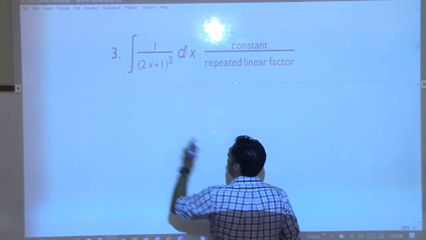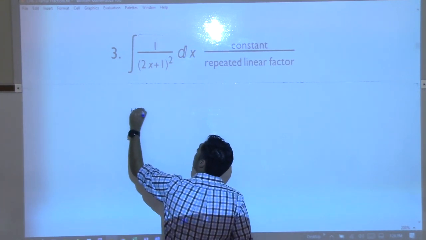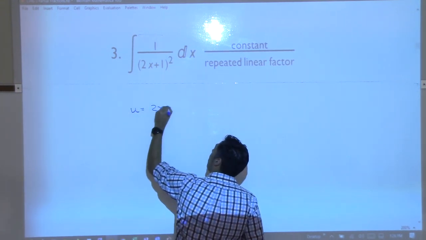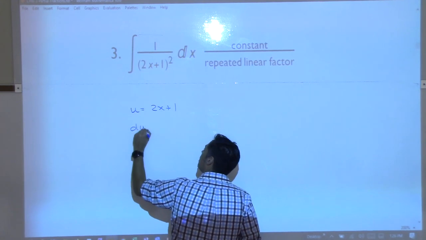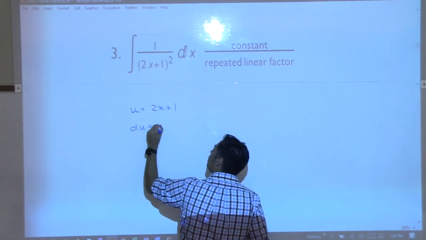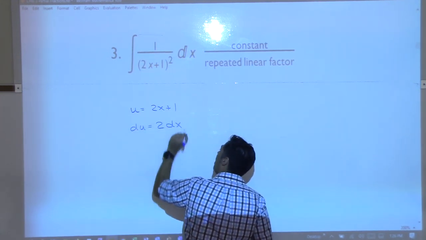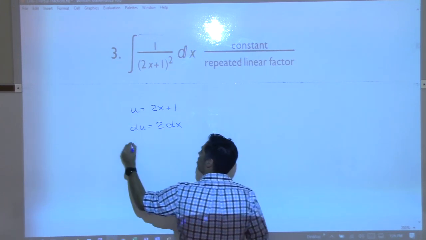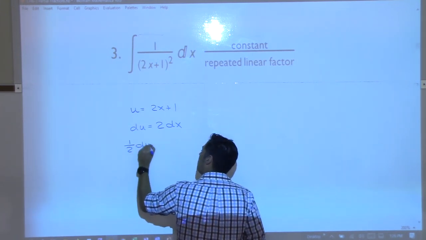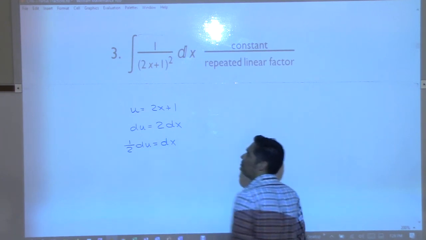So right now, I'm going to make a u substitution. u is going to be 2x plus 1. du is 2dx, right? I don't have 2dx, so I scale both sides by 1/2. And then I rewrite everything, right?